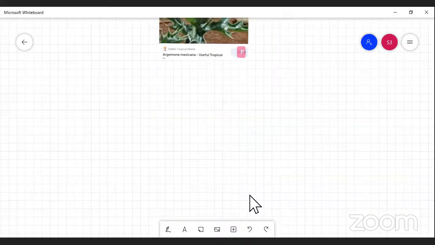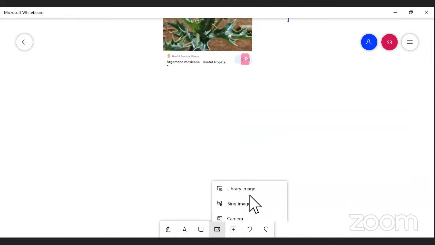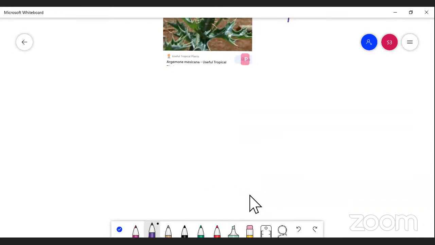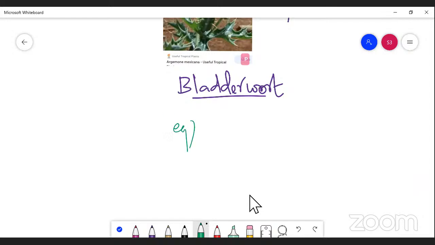Okay, my dear students, and one more thing I'm going to show you, that is a leaf bladder. Bladderwort is something I'm going to give an example for: Utricularia. Actually, Utricularia is also known as bladderwort because it's a rootless plant.